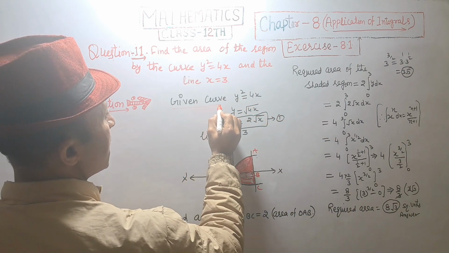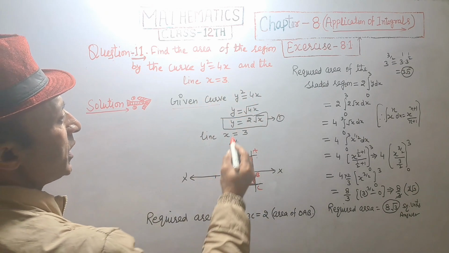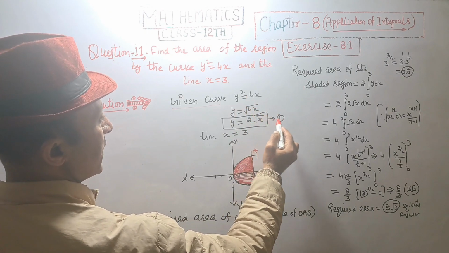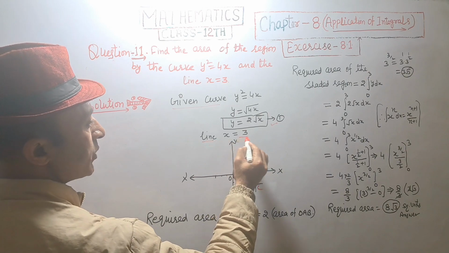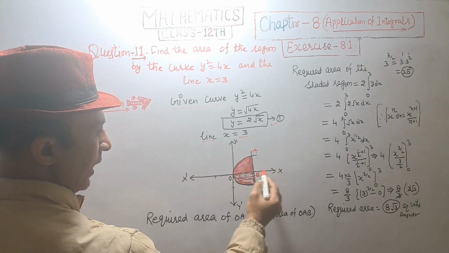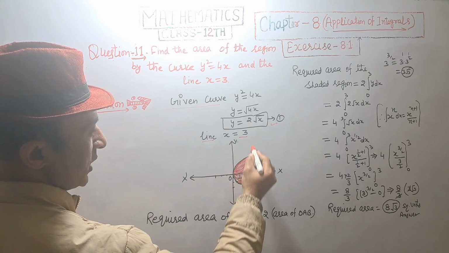We have given curve y square is equal to 4x and line x is equal to 3. Y is equal to under root of 4x, that is 2 root x. It's equation number first. And line is x equal to 3. We draw a parabola, x dash y dash, and 1 2 3.